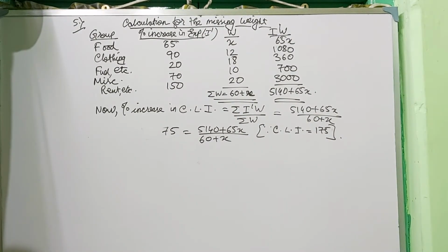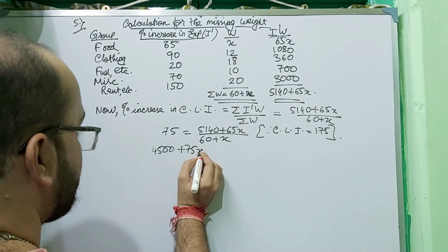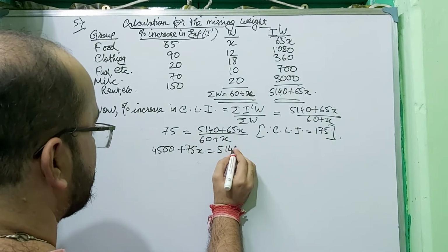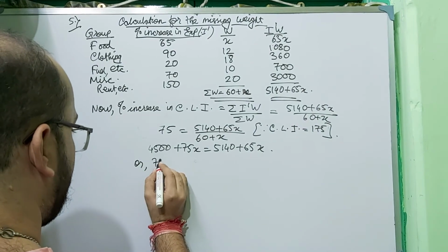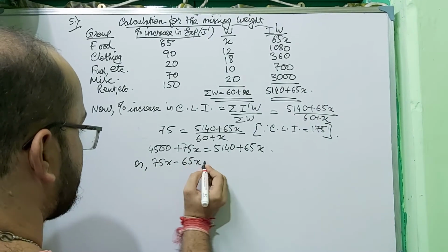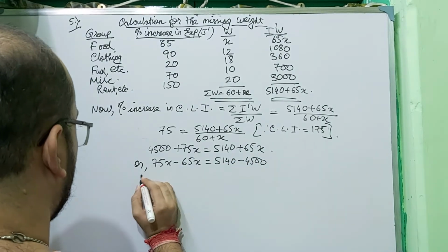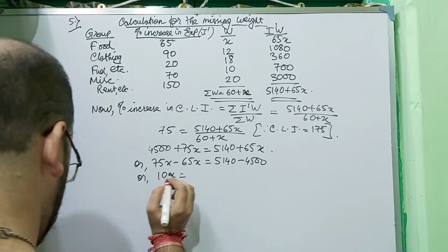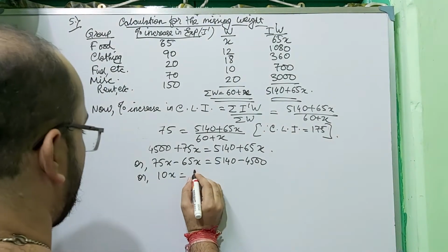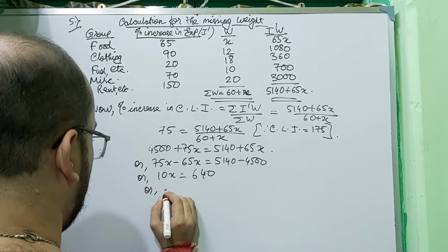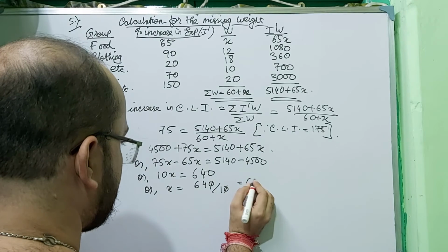75 into 60, it is coming. 4500 plus 75x is equal to 5140 plus 65x, or 75x minus 65x is equal to 5140 minus 4500, or 10x is equal to 640, or x will be 640 by 10, which is basically 64.